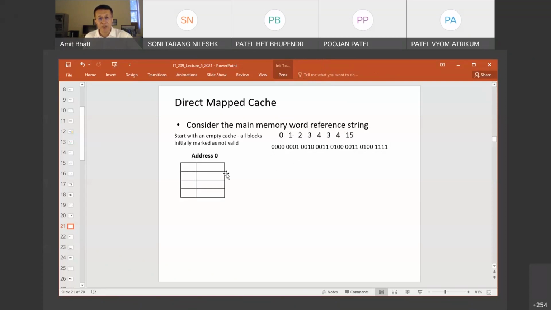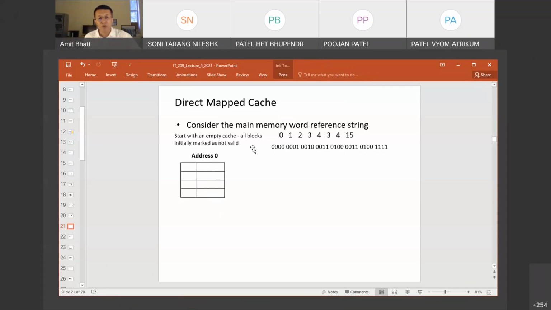Is address 0000 present over here? No, the answer is no, because there is nothing there. It is completely empty. So it will be taken as a miss. The processor asked for a particular address and it was not found in the cache, so it's called a miss.